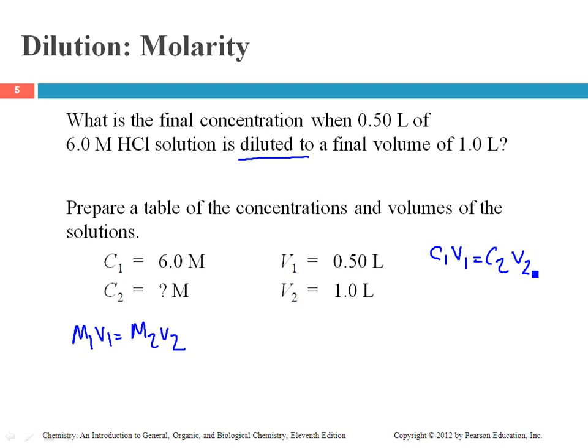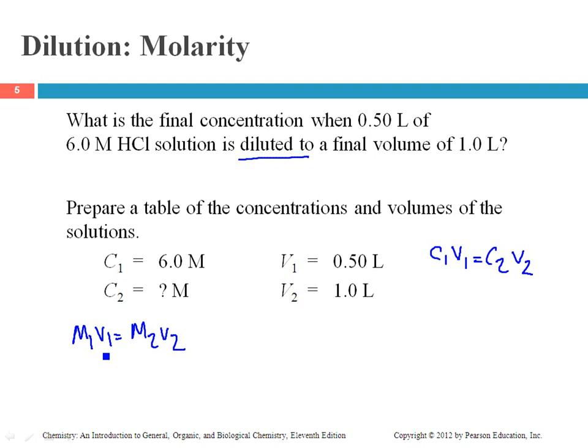Sometimes you even see these written as CI, VI, CF, VF, standing for initial and final. It's the same for molarity: 1 is for initial, and 2 is for final volumes and molarity.